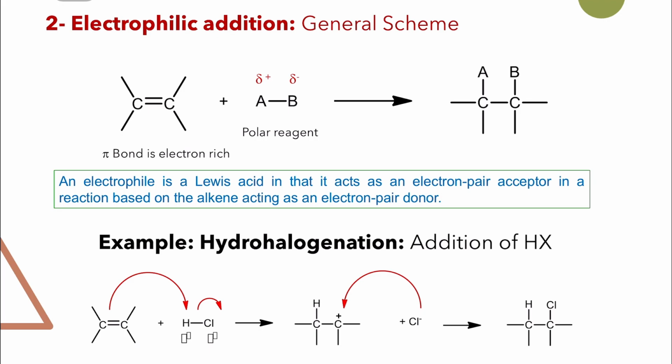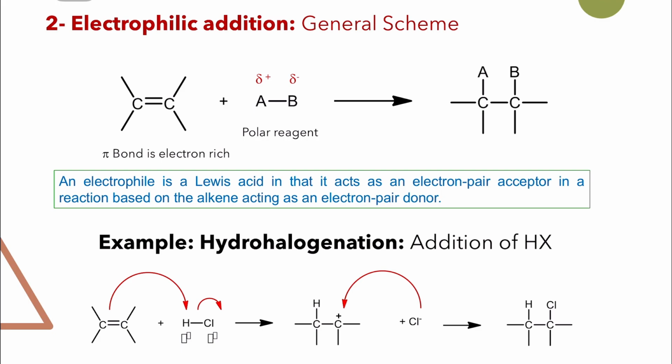The second type of addition to the double bond of alkenes is electrophilic addition. Let's first talk about what an electrophile is. Electrophile, from the word, means electron lover, because phile means lover and electro means electron.